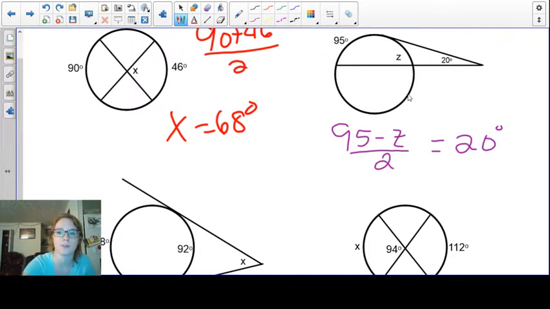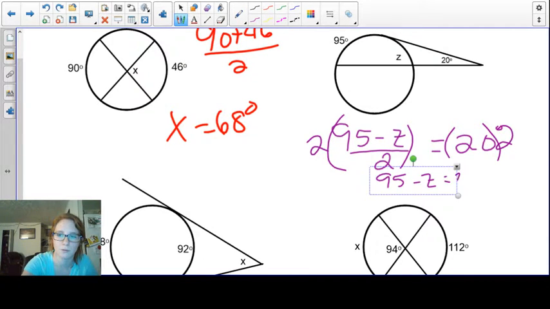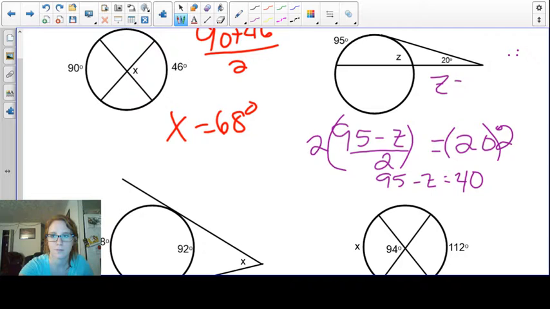So first I'm going to get rid of the division by 2 by multiplying. So I got 95 minus z is equal to 40. Subtract 95 and then divide by -1. Z is 55 degrees.